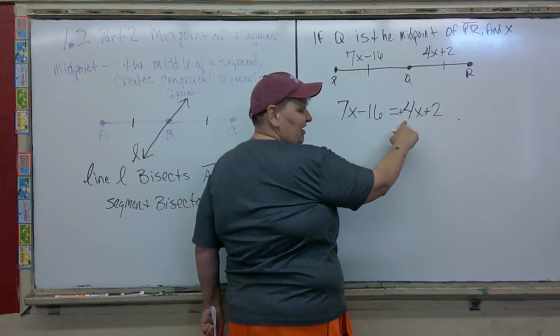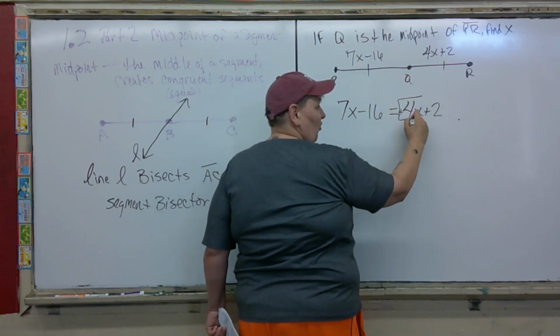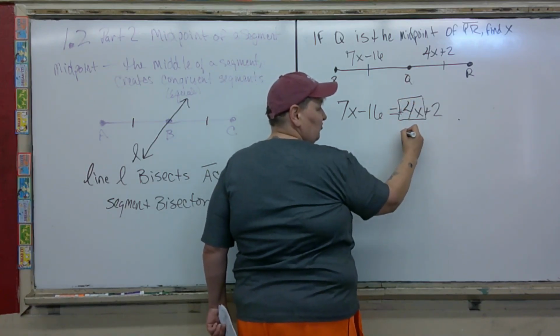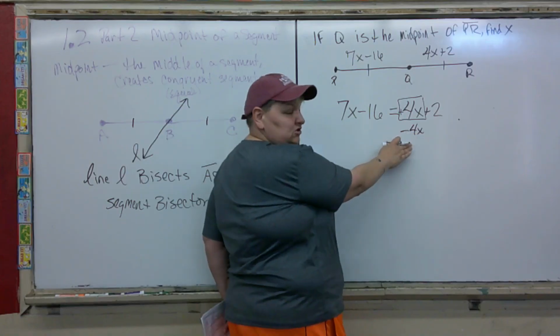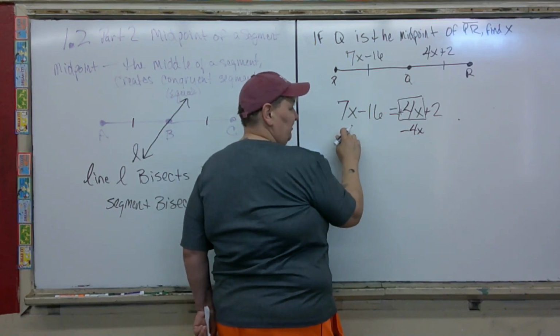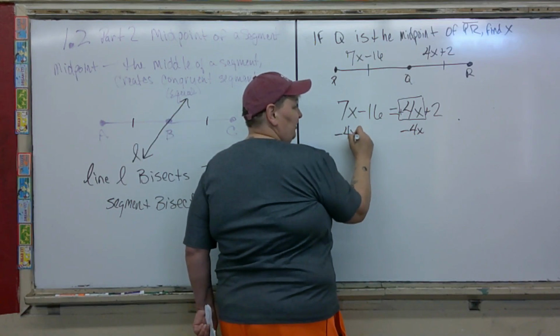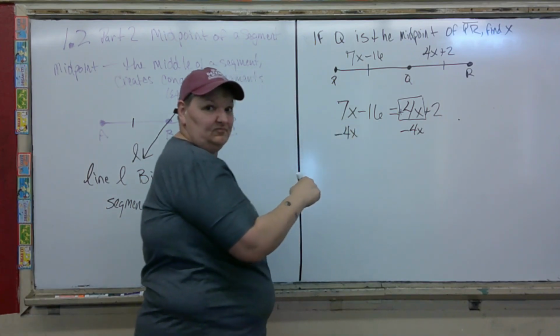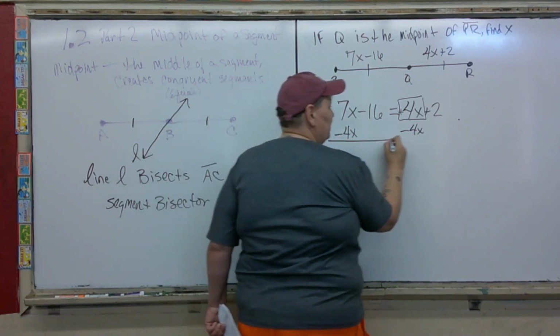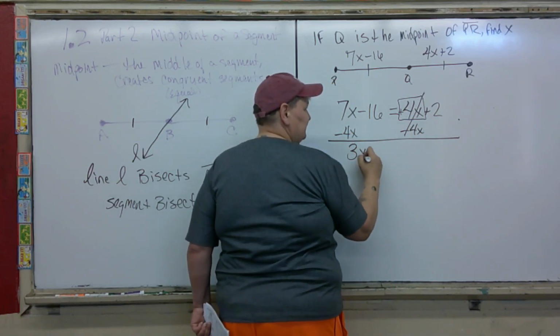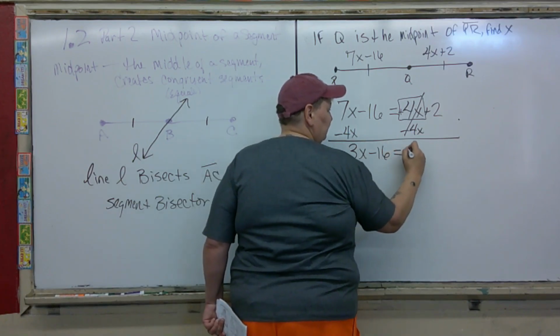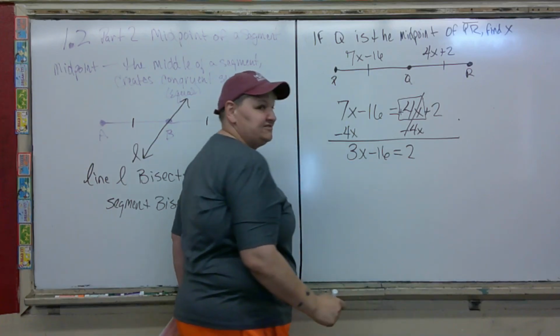Right now it's a positive 4x. We want to cancel the whole term, so we're going to subtract 4x. We're going to cancel the whole term and move it over here. We're going to line up our like terms. Right? And we're going to solve. 7x minus 4x is 3x. Bring down our equals and our positive 2.